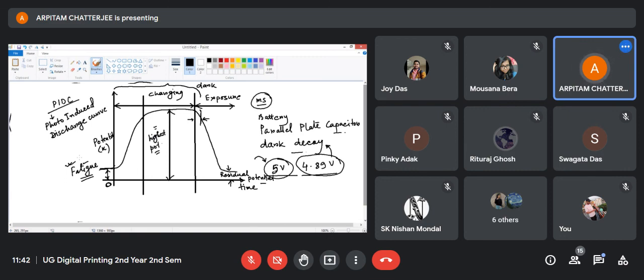For that reason, some small cracks and holes are created in the drum, which change the surface characteristics and in turn cause some trapping of the charges. Due to this charge trapping, this fatigue happens, and some of the potential always remains on the plate. You can call that the initial potential, but the reason is basically the fatigue of the plate.